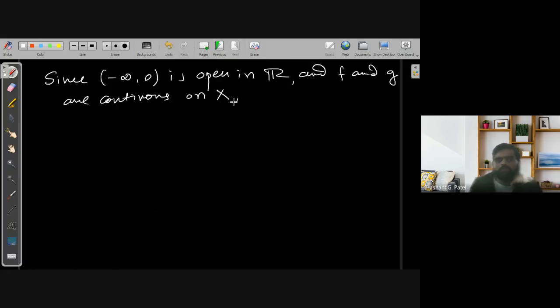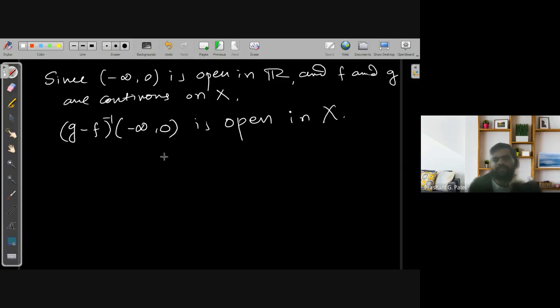So we can say that (g minus f) inverse of minus infinity to 0 is open in X, because the inverse image of an open set under a continuous map is always open. That is the result we have discussed. Therefore this set A is open in X, which completes the proof of that example. If you have any doubt, let me know.